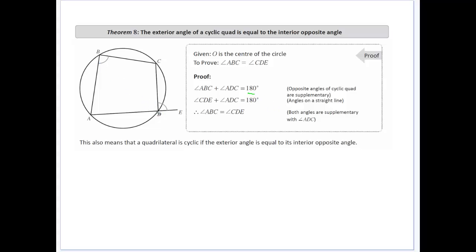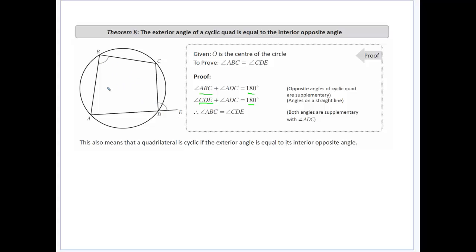They add up to 180, and these two are on a straight line, so they add up to 180. So that means these two must be equal, because they are adding the same angle together to give you 180 degrees. So that's not a hard proof when we know that the two angles are supplementary.